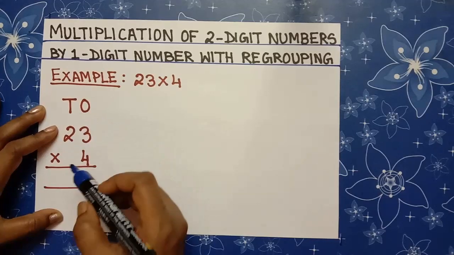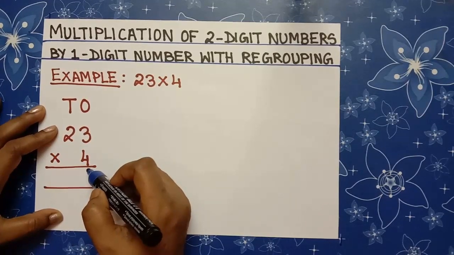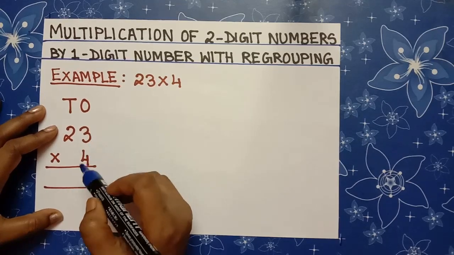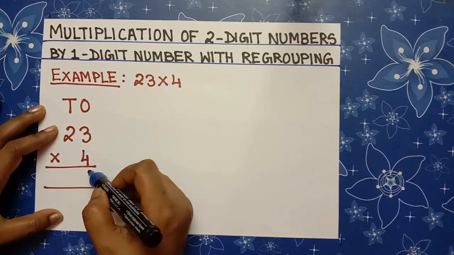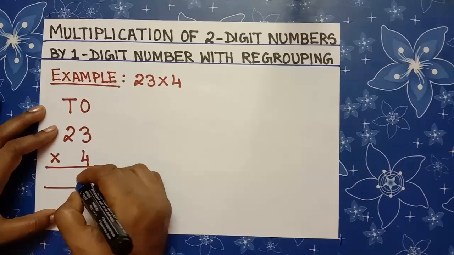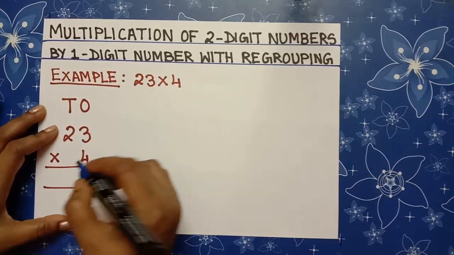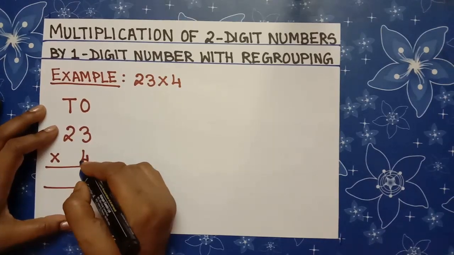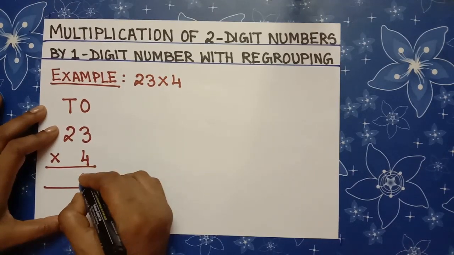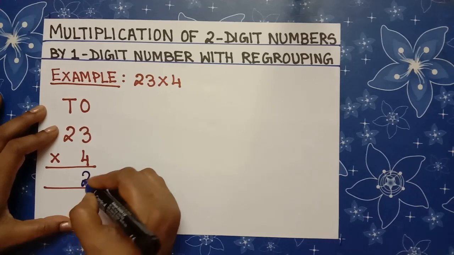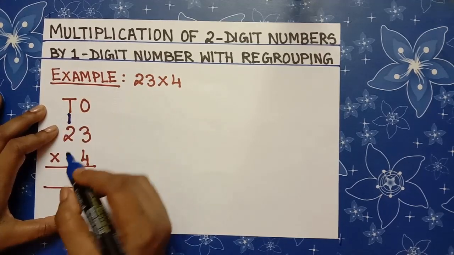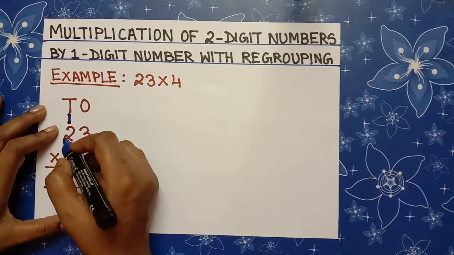So, multiply the ones digit first by 4. 3 ones into 4. How much are we getting? 3 fours are 12. So, write 2 below the ones column and carry over 1 and write it below the tens place.